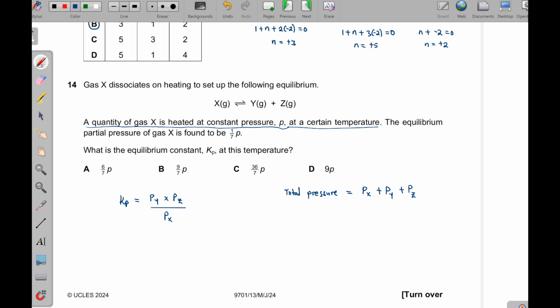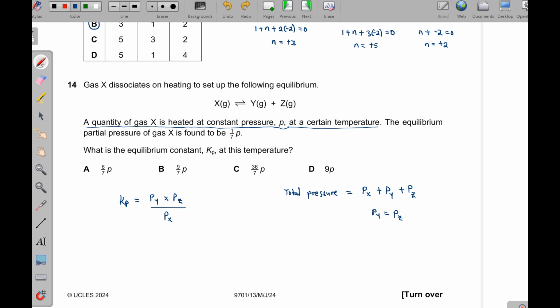Are we there? Now, when you look at this one here, due to the molar ratio being 1:1 for Y and Z, that means the partial pressure of Y is equal to the partial pressure of what? Z. Are we there? Now, they are giving us this P as the total pressure because they say this one is 1/7 of what?